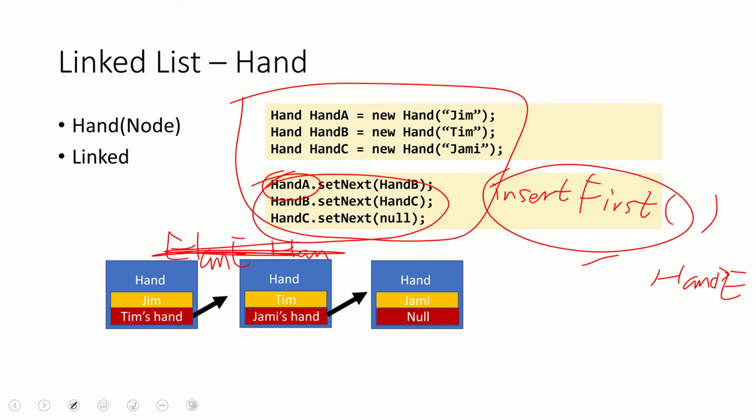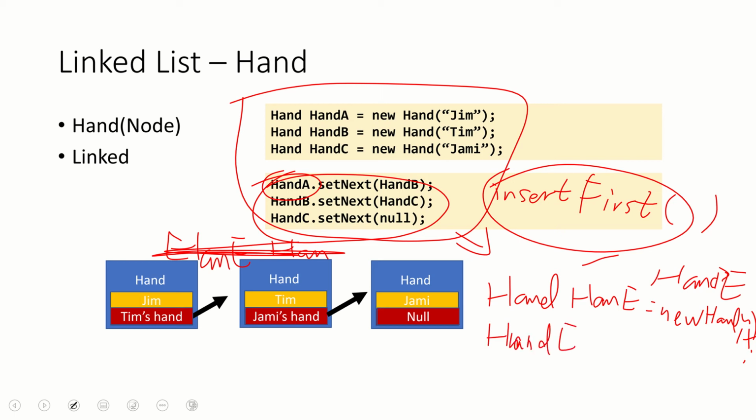Oh, sorry, you just say, okay, in the following code, you just do hand E is equal new hand. Okay, maybe its name is A. Then you need to do hand E dot set next is hand A. Okay, it's easy.